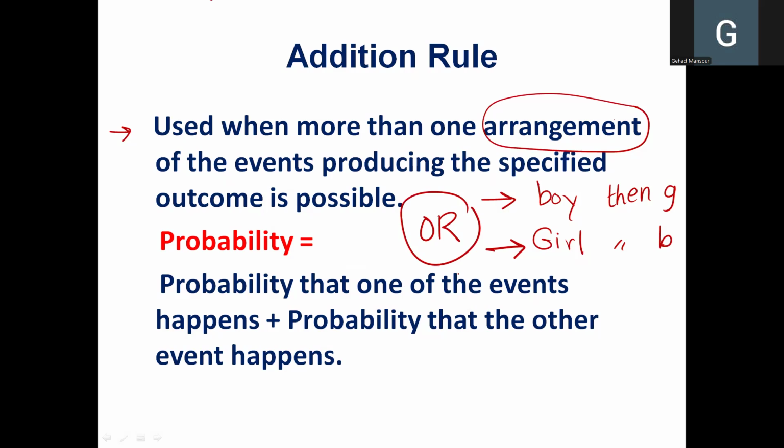The way the slide has been written, as it was written in the original reference, gives you the impression that the addition rule is only used whenever we have two possible arrangements, although it can be expanded more than this. But for the moment, we are going to explain the example present on the slides.